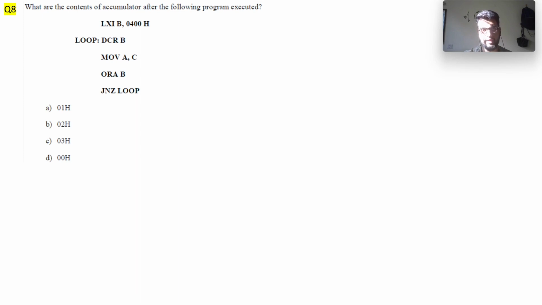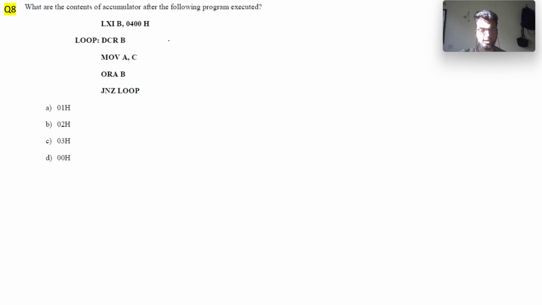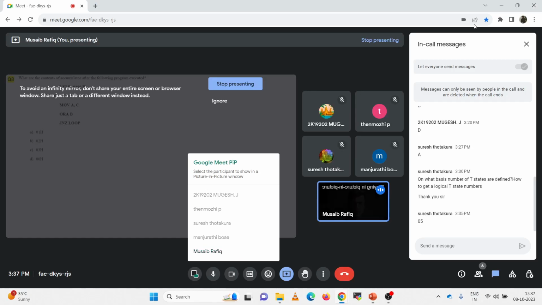LXI B loads the BC register pair with 0400, then loop: decrement B, then move the contents of A, then ORA, basically the OR operation between B and A, then jump on non-zero to loop. So you need to find out the contents of accumulator for this. It will take hardly 5 minutes, so I'll give you guys 5 minutes to do it, and then I'll show the solution.